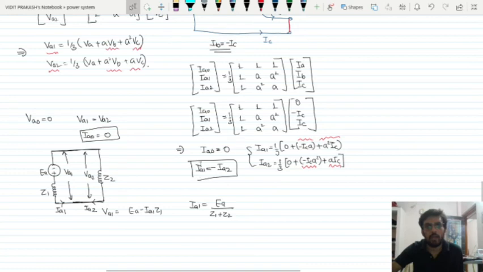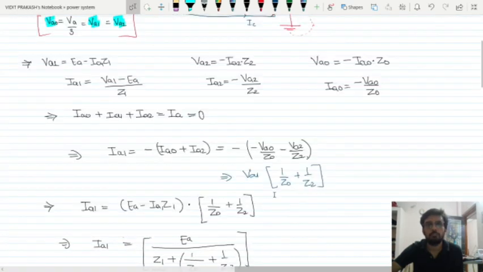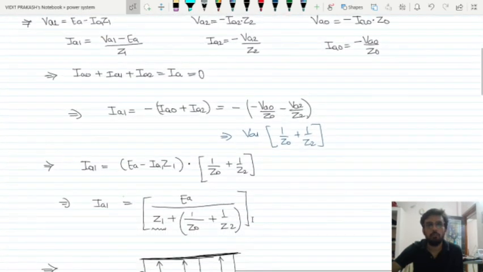In line to line fault, IA2, the negative sequence current, is the inverse of IA1, right? So in line to line fault also negative sequence current is available. What about double line to ground fault? In double line to ground fault also negative sequence current is present.